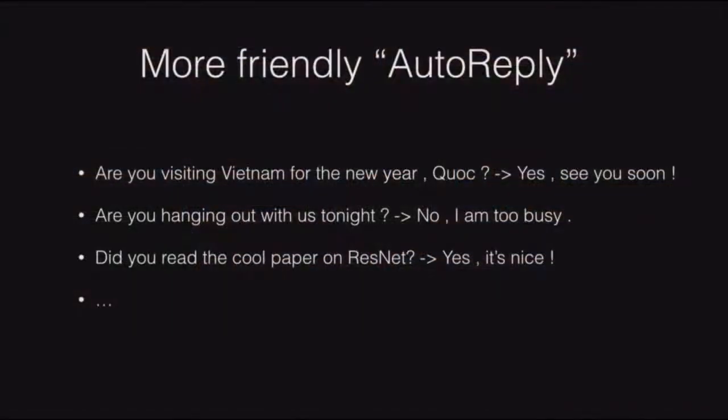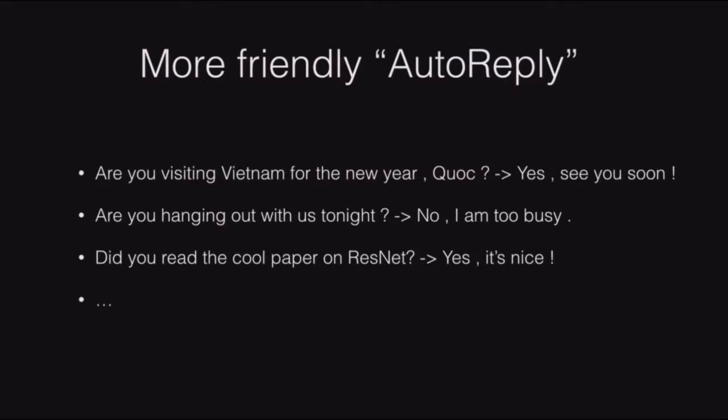So if you use such an algorithm to just say yes, no, and yes, no, then you might end up losing a lot of friends. Because we don't just say yes, no. For example, when my friend asked me, are you visiting Vietnam for the New Year, then maybe the better answer would be, yes, see you soon, right?